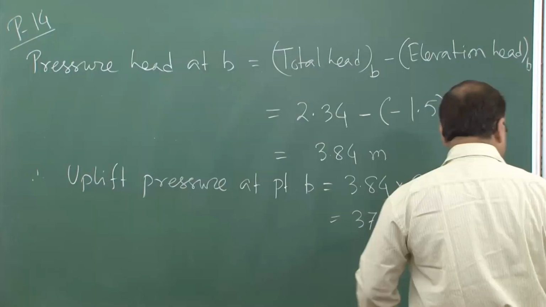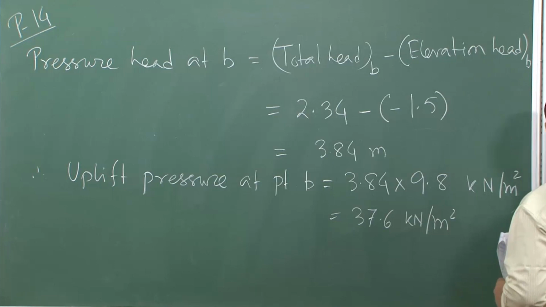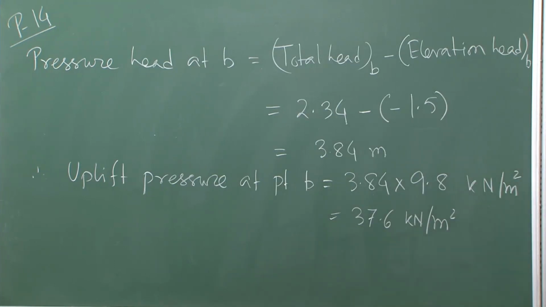So, let us see how we can find out all those things. I will not go for detailed calculation, rather I will put the values. So, we will make a table and in the table we will give the values of uplift pressure for each and every point.